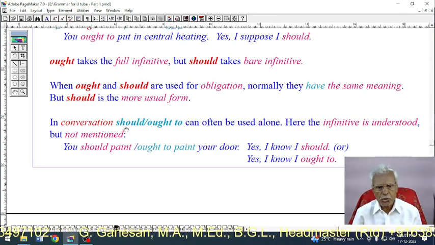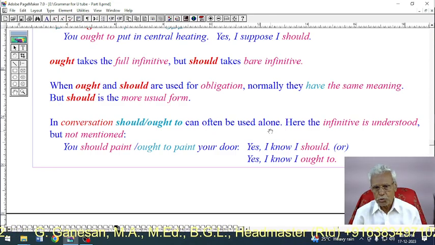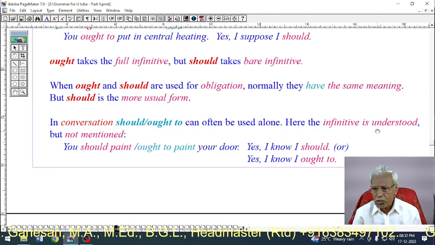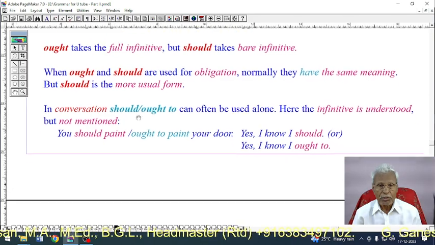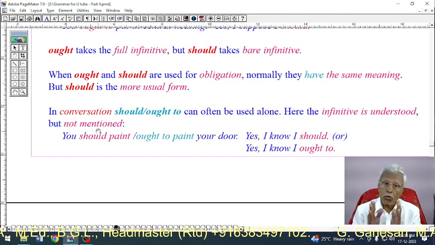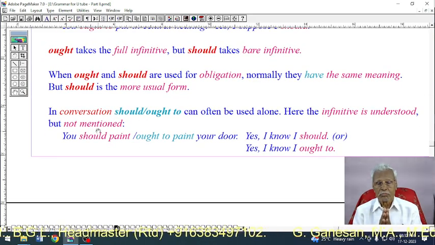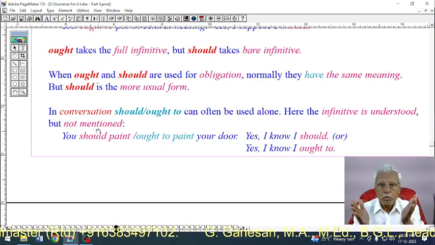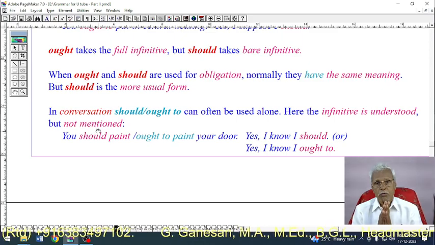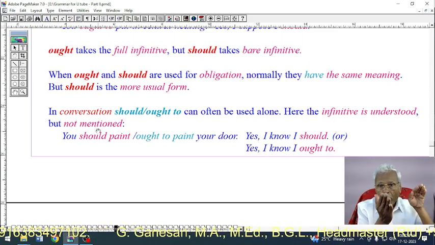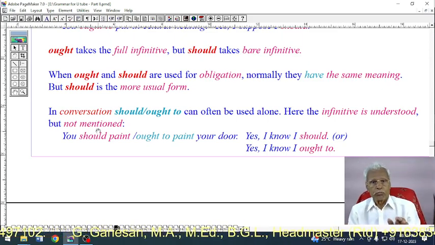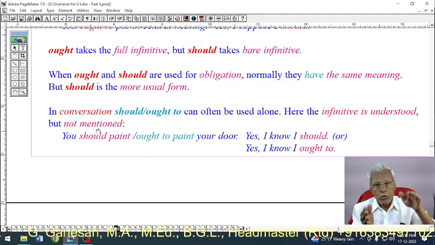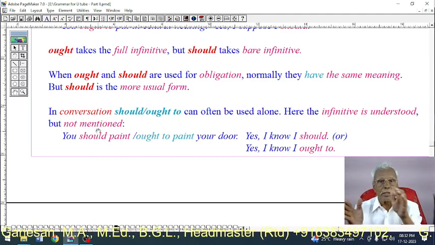In conversation, should and ought to can often be used alone. Here the infinitive is understood but not mentioned. Dear students, in conversation, we need not use the full infinitive after ought and should. There is no necessity of using the full infinitive or the bare infinitive.